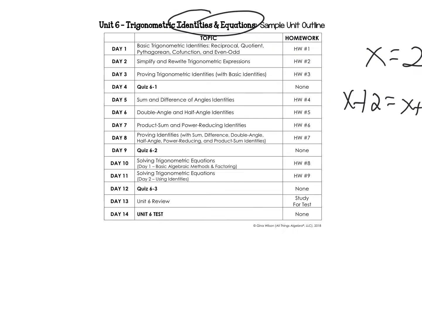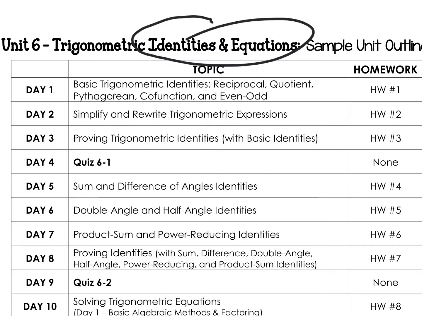So today, day 1, we're going to do some very basic identities that you can't leave pre-cal without understanding. We've already looked at some that are reciprocal. We've already looked at quotient. You just don't know it.